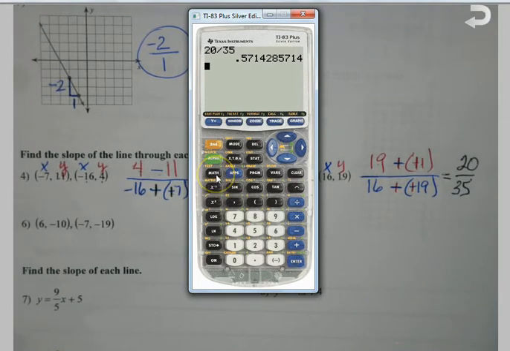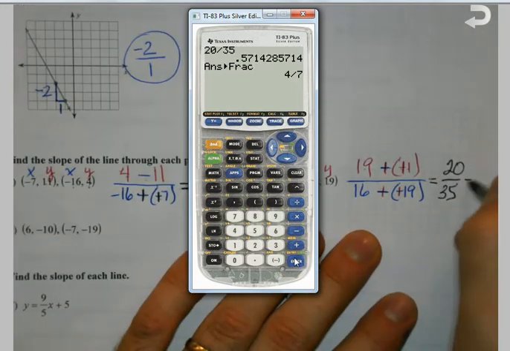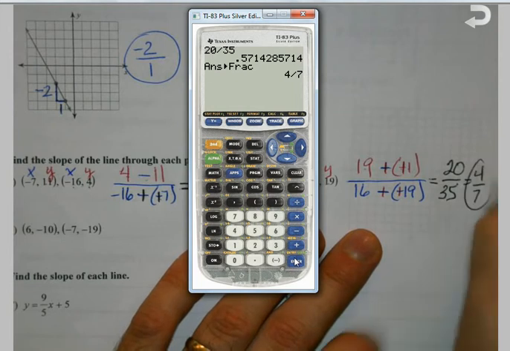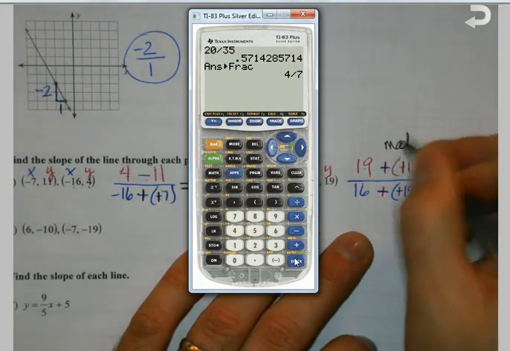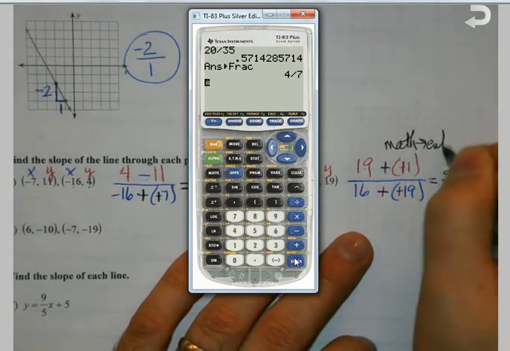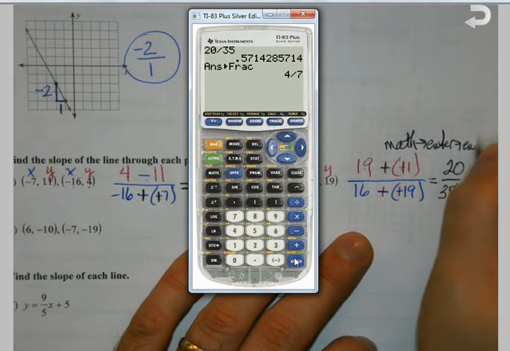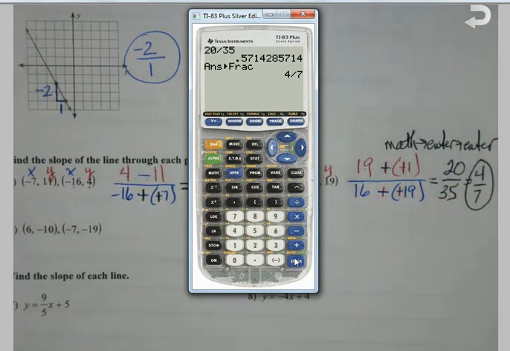If you hit the math button right underneath alpha and enter twice, it'll even reduce the fraction for me. Most calculators these days have a fraction button anyway. But if you're using the one in here, just hitting math and then hitting enter will get you what you need.